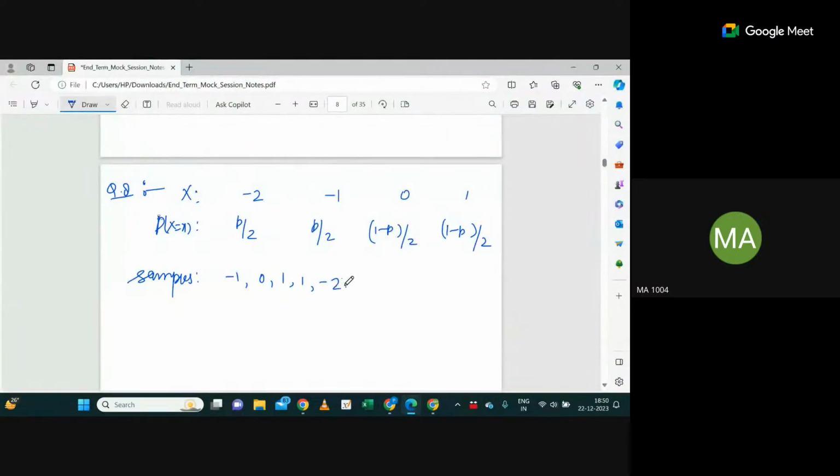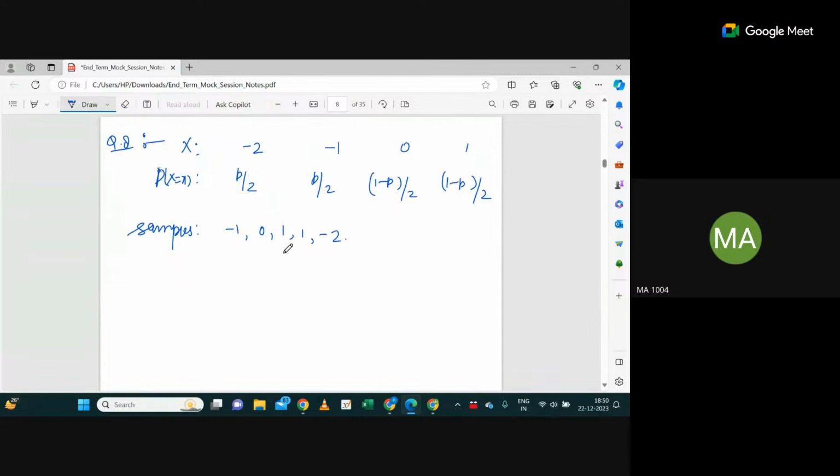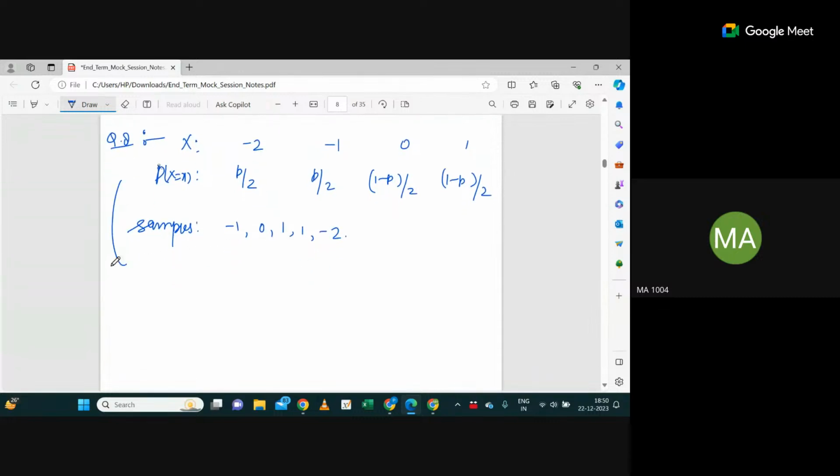Okay, this is the sample. We have to estimate p with the method of moments, right? So what does the method of moments say? For the moment estimator, we have to equate the sample moment to the population moment, right? Now, this is a one-parameter problem, so I need only one equation. That means I will take M1 equal to the expected value of X.